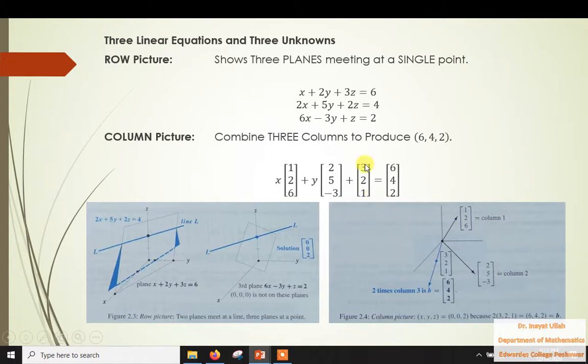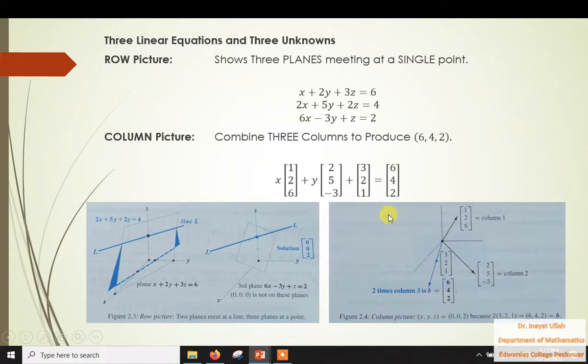And 3 2 1, this is 3 2 1 from here up to there. 3 2 1 is the position vector of this third vector. 6 4 2, when you draw 6 4 2, that is this vector.